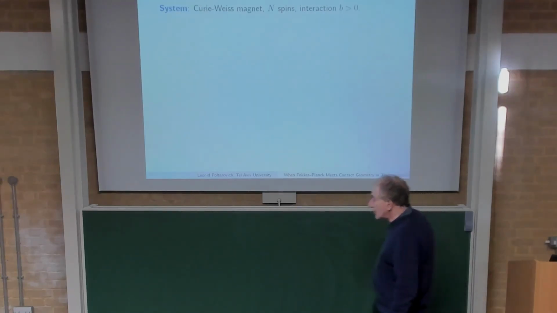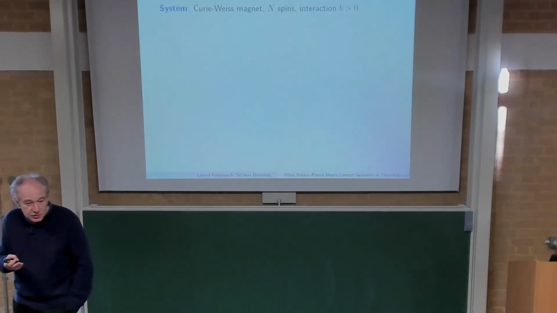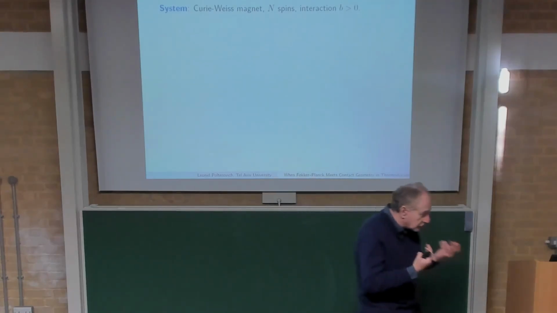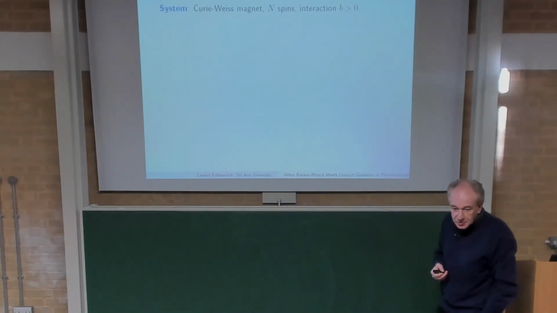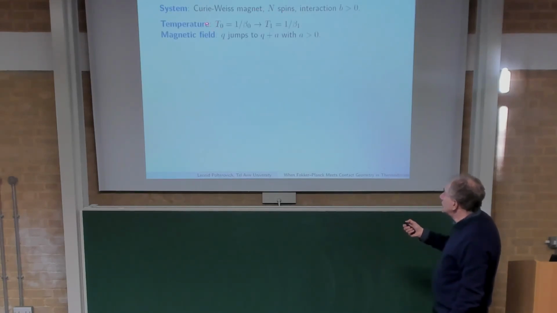Okay, so now I'm coming to the main point of the talk. I think something interesting happens from our perspective. It's a jump of temperature and field. The system is the same, a Curie-Weiss magnet of spins, you have positive interaction, and assume that the temperature jumps from T0 to T1, and the magnetic field also jumps from q to q plus a.